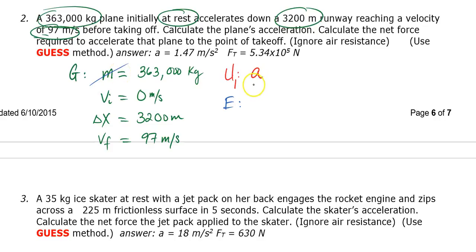Right now you're looking for an equation that has acceleration, v final, delta x, and v initial. You don't have to memorize it, but I'm lazy, so I memorized it. You can go equation hunting. You're looking for the equation with all four of those things.